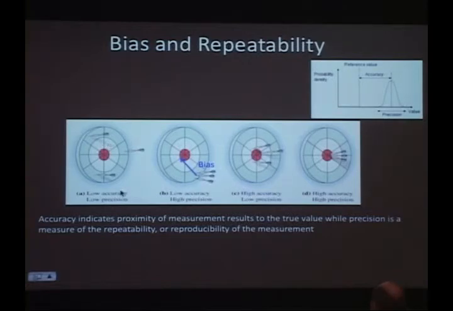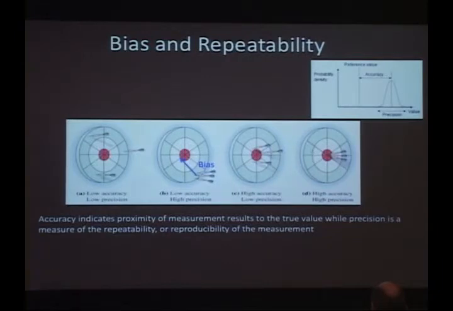We would call this low accuracy, low precision. Here the measurements are pretty close, so you would say they are precise, but they are not accurate. In this case, you can see that there is a bias, and this bias can be adjusted. And this last one is the scenario where the data is accurate: high accuracy and high precision.